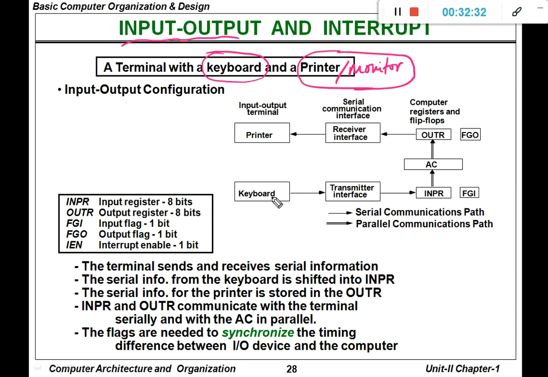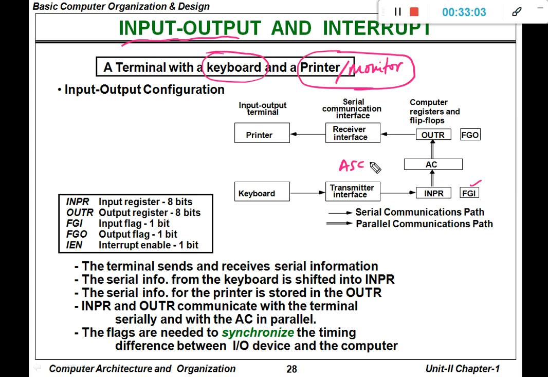So how is this operation carried out? From the keyboard, whenever we press a key, it is going to send the information to the transmitter interface. This transmitter interface is going to set the input register, and based on the FGI value, whatever key we pressed will be stored in the accumulator register in a coded format.